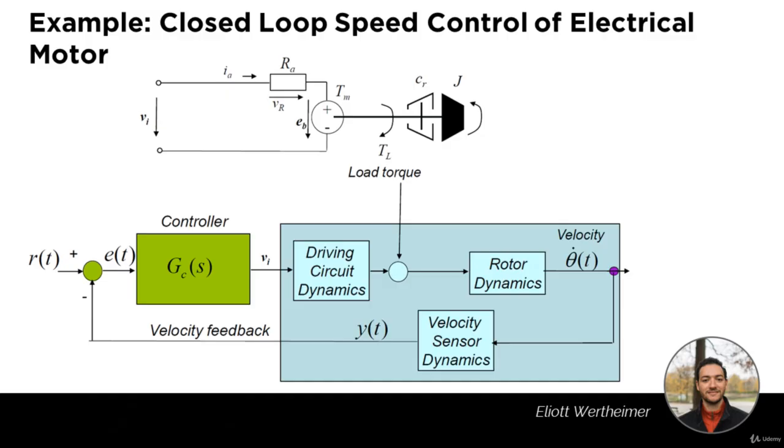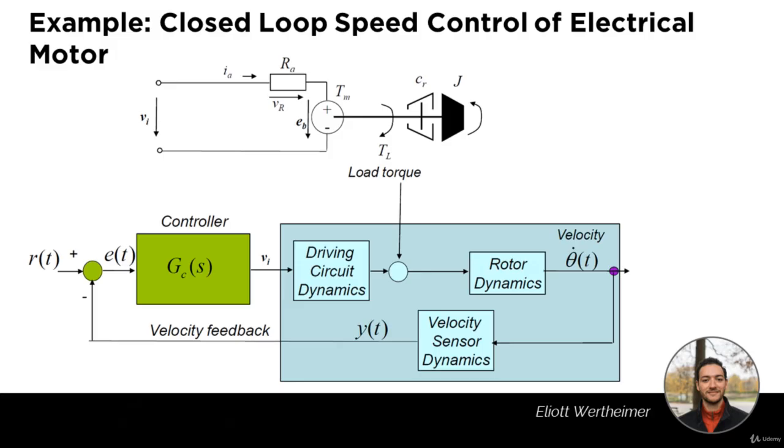So first of all, we have to build a plant for that. The plant is made of first the driving circuit dynamics, which are essentially this electrical circuit, including the motor. We then have to take into account the torque necessary to rotate the rotor, so the torque applied by the motor on the whole system.